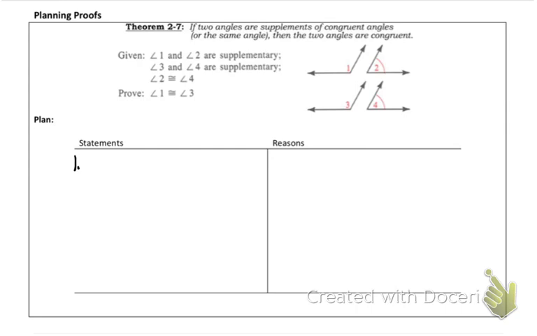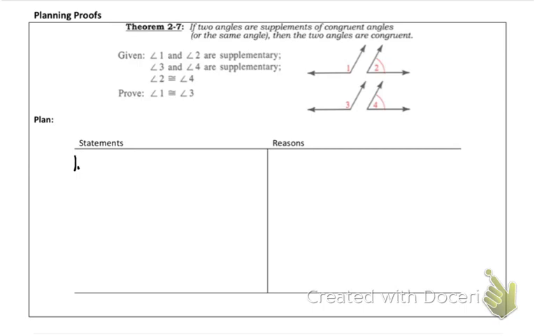Should you do like, put 2 is congruent to 4, and then for step 2 would be 1 is congruent to 3?